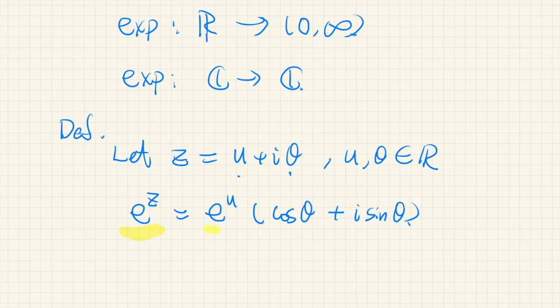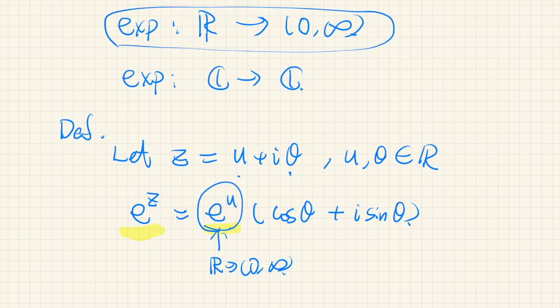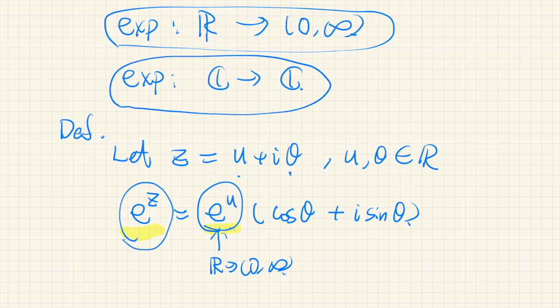And on the right-hand side, we have e to the power of u. But this is a function from real to positive reals. Okay? This function is already defined here. And this function is now being defined here. So we take the real part and take the exponential of that. And for the imaginary part, we take this, cosine theta plus i sine theta.